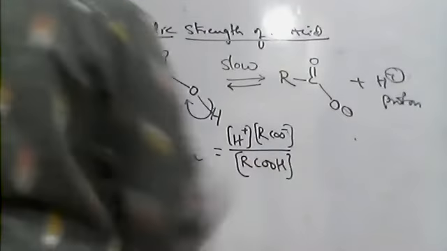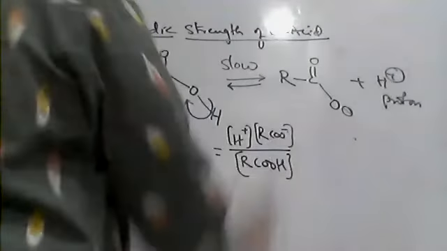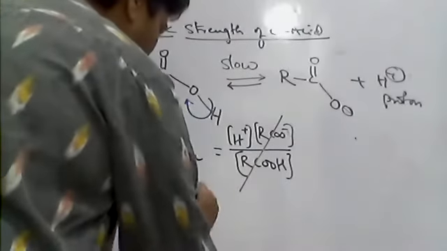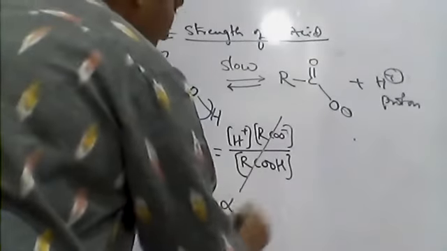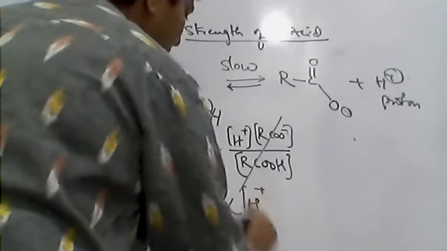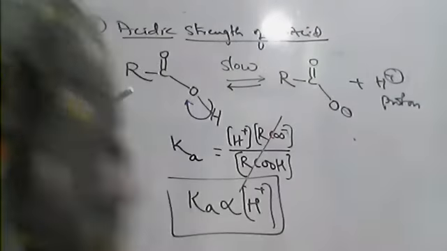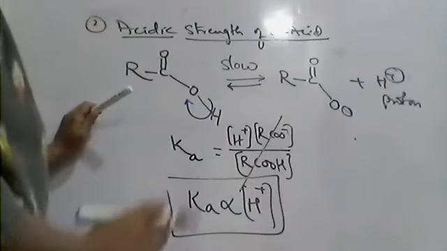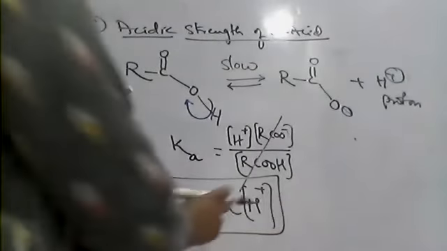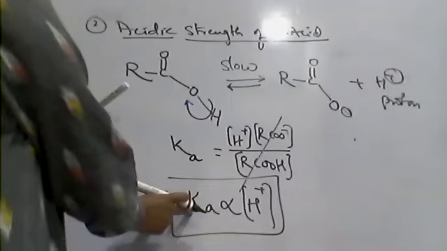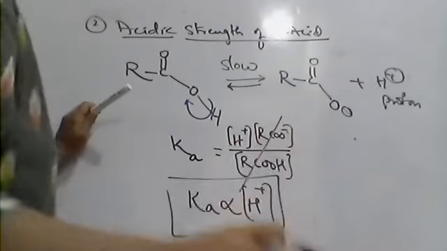H plus ion concentration into carboxylate ion concentration divided by the reactant, carboxylic acid. If you neglect the carboxylate ion and acid, what is left? Here you have K directly proportional to H plus ion concentration. The concentration of H plus ion is more if dissociation is more. Ka stands for the dissociation constant.